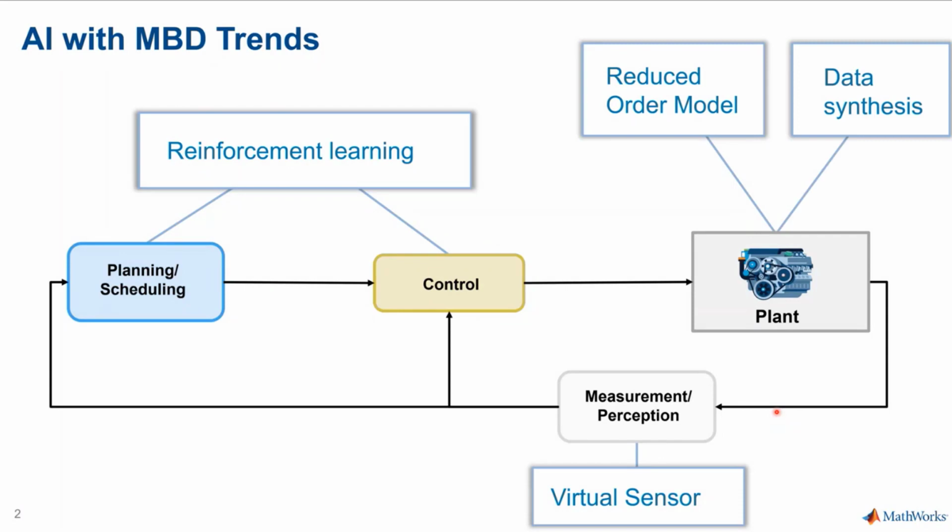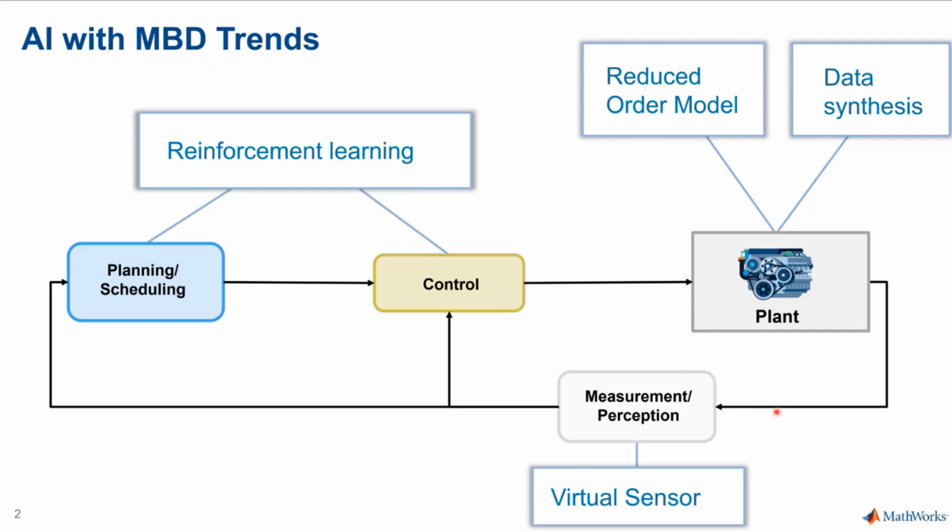Then we have a fourth application, which is more of the other way around than the previous three ones. We saw reduced order modeling, virtual sensoring, sensor modeling, and reinforcement learning, which are all tasks that you can incorporate into the simulation. But the fourth one, data synthesis, is kind of using simulation for AI.